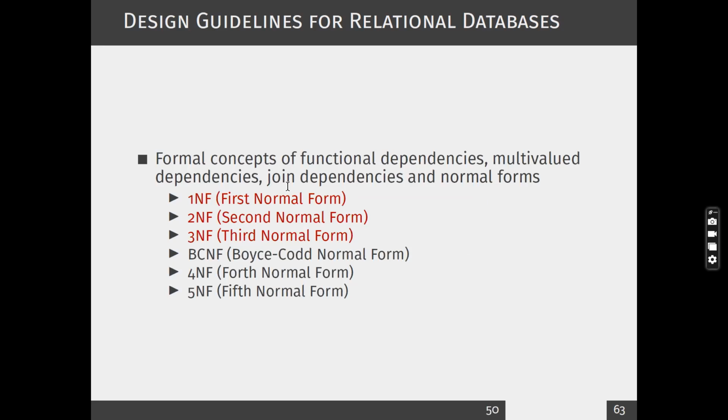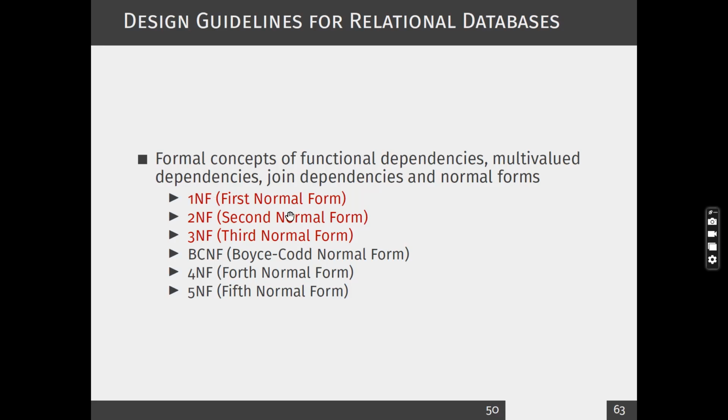Right. But when you look at the formal, mathematical concepts, there are some guidelines developed for designing good relations. These are known as normal forms. In general practice, we should at least have our relations up to third normal form.